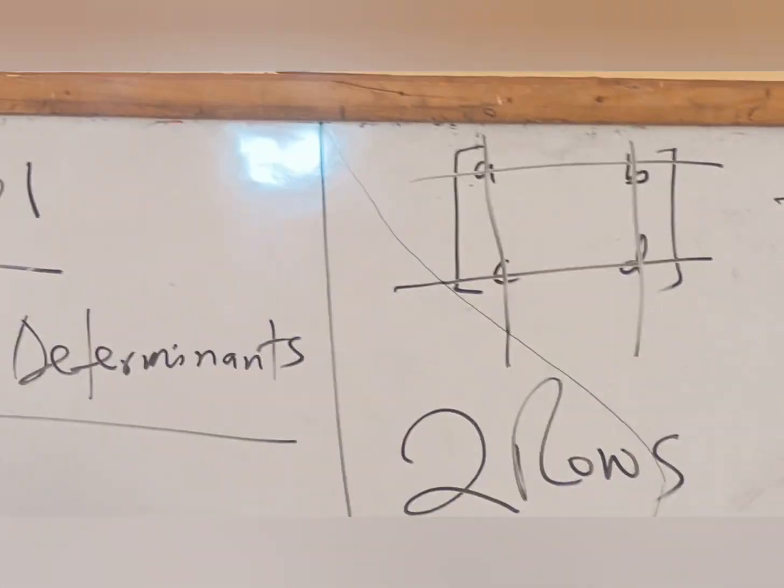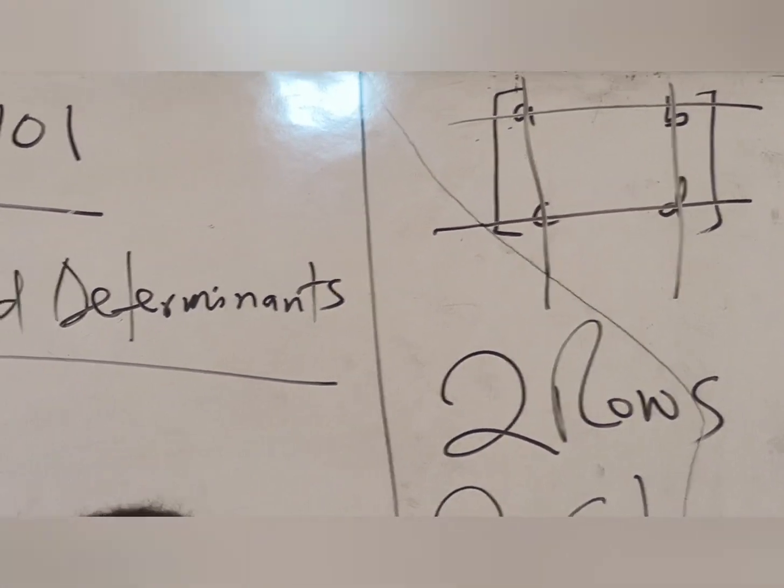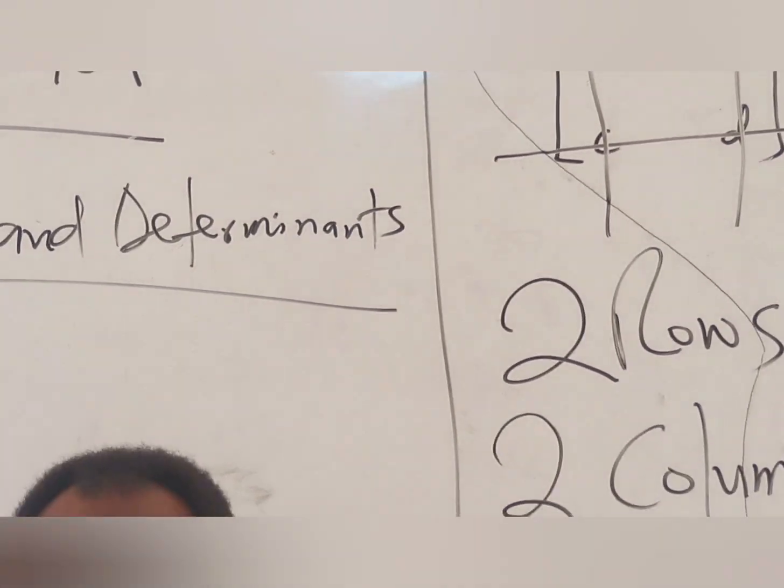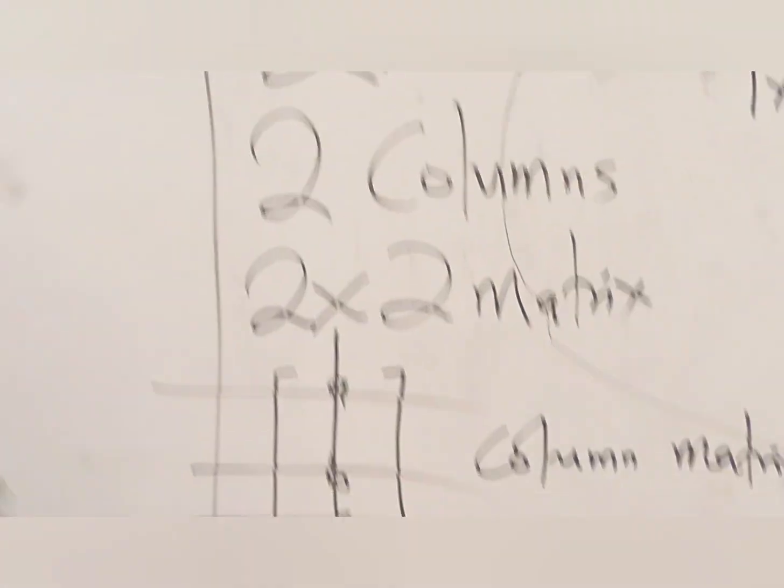When the number of rows is equal to the number of columns, we call such a matrix a square matrix. Is it not true? If every side is equal, is it not square? Yes. Like a 2 by 2, that's a square matrix: 2 rows, 2 columns. Is this a square matrix?